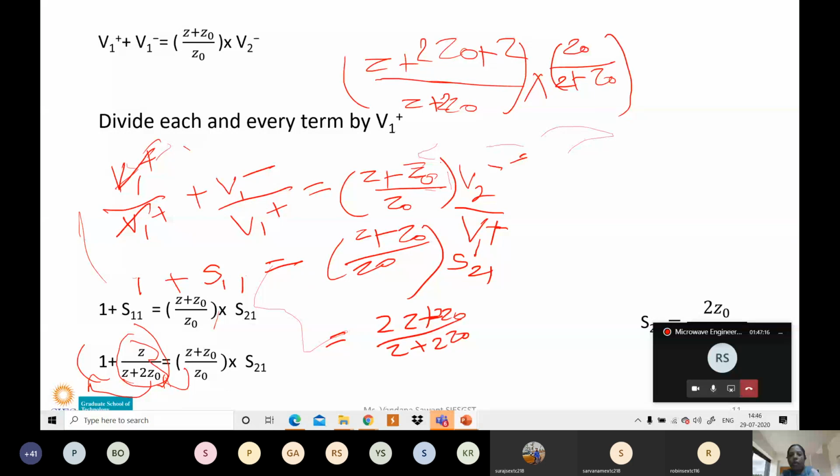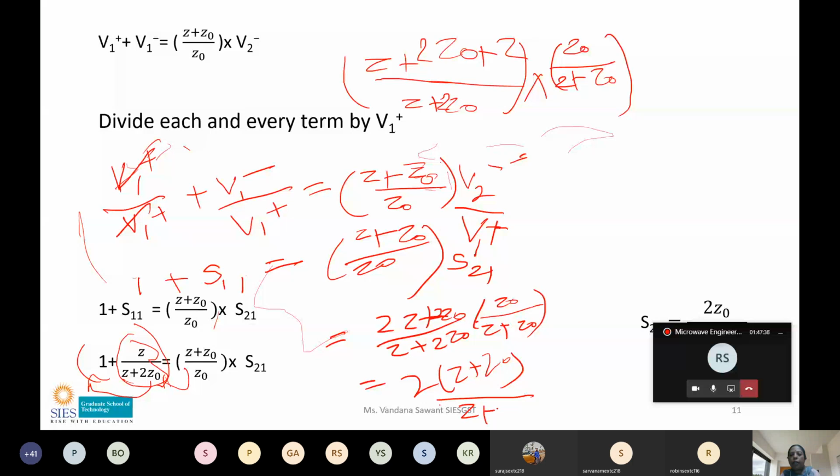This 2 we will take common, so that will become 2 into Z plus Z0 divided by Z plus twice Z0, into Z0 divided by Z plus Z0. So this Z plus Z0 gets cancelled. Remaining will be 2Z0 divided by Z plus 2Z0. So that is the answer.